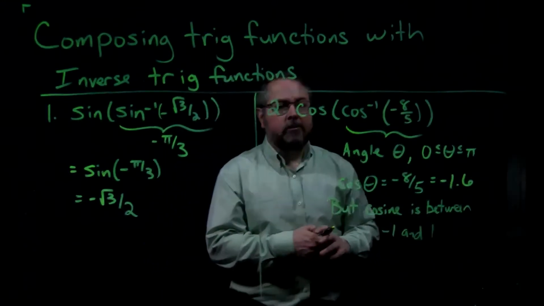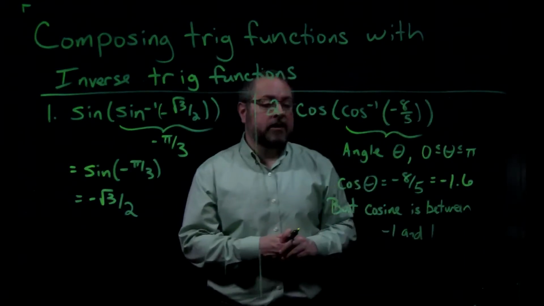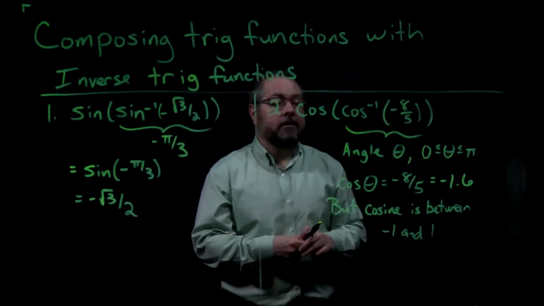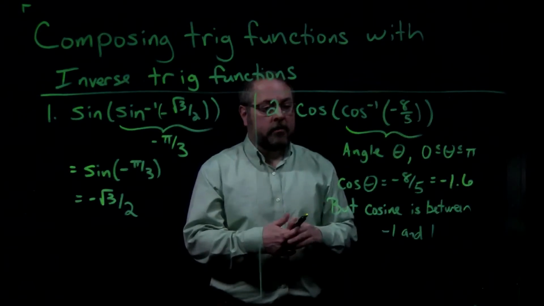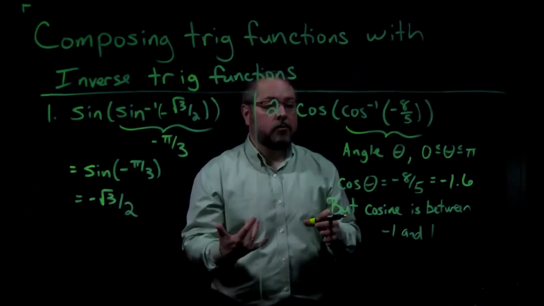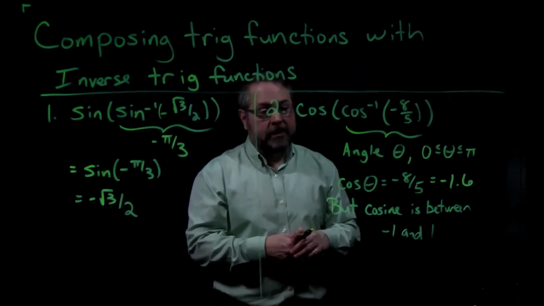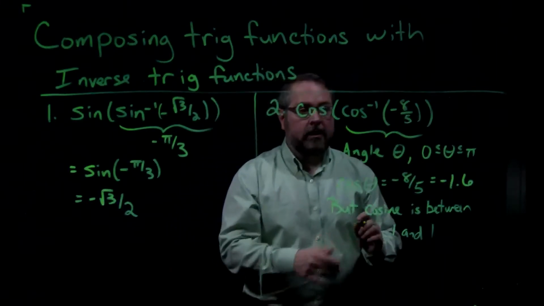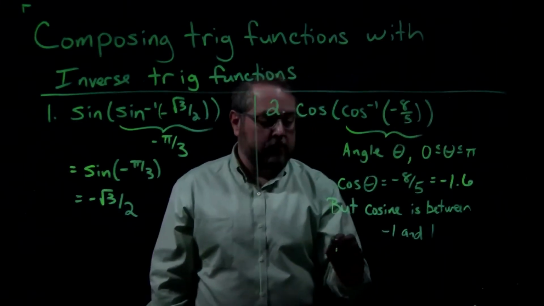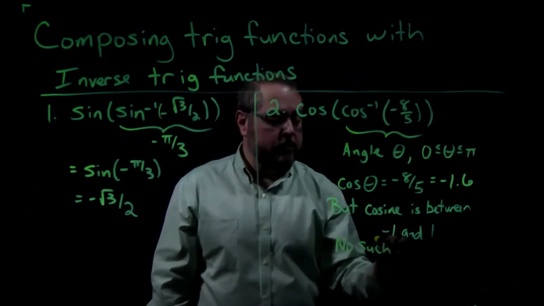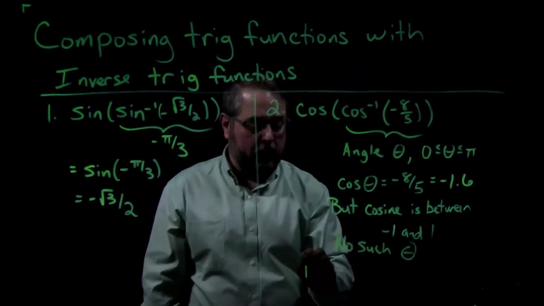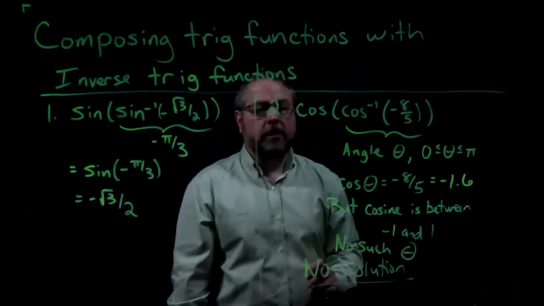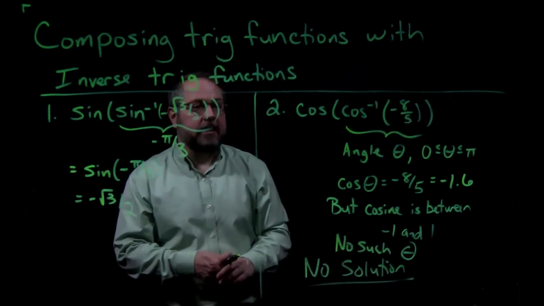So in this case, we're trying to evaluate something on the inside that actually doesn't exist, because the inverse cosine of negative 8/5 is not an angle that actually exists. We cannot find an angle whose cosine is negative 1.6 because cosines have to be between negative 1 and positive 1. So here, there's no such angle, and therefore there's no solution, or we could say the quantity does not exist.